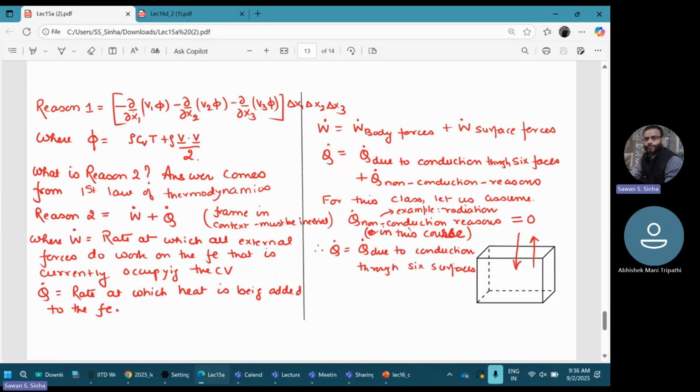We will get expressions in 2 steps here. Q dot can be due to conduction through 6 surfaces. And there could also be some non-conduction reasons of heat addition.